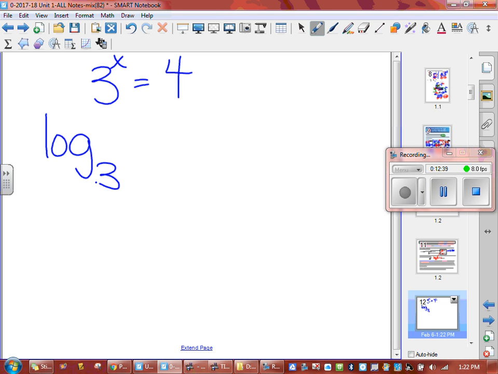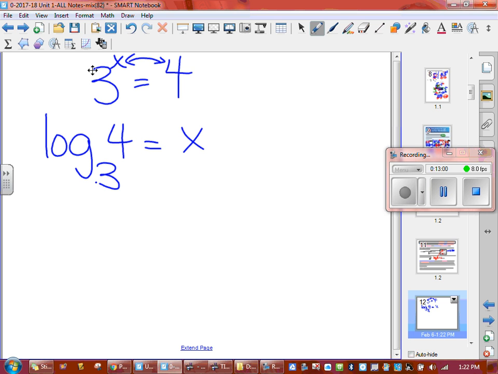They switch. So now I'm going to put the 4 here equals x. So that's all you're literally doing. You're rewriting this, switching the 4 and the x places, and then writing the word log in front. And literally that's how it works.